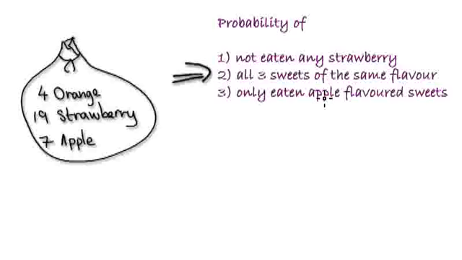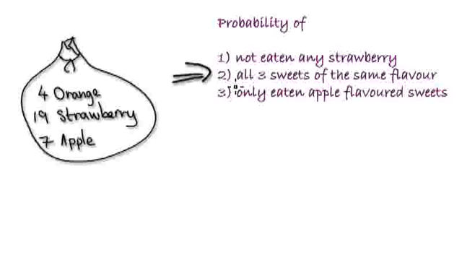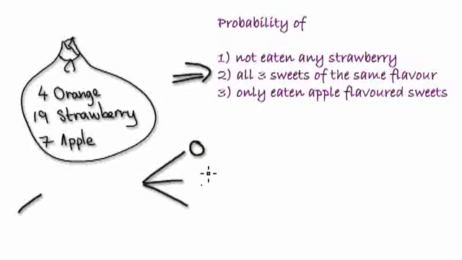All sweets being the same flavor. So again, you could draw a whole map here, but sometimes you can take a shortcut. In this scenario, you have to visualize 3 flavors: orange, strawberry and apple, because last time we just had strawberry and not strawberry.